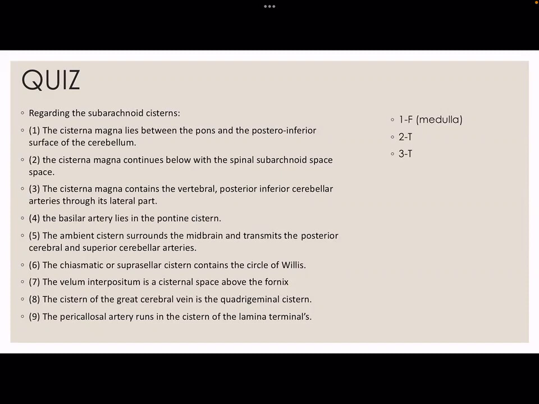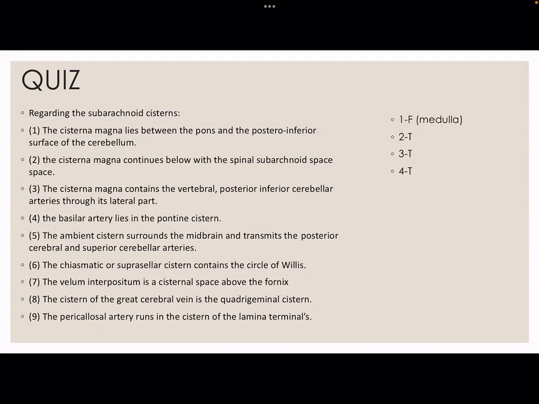Number 4. The basilar artery lies in the pontine cistern. True. Excellent.